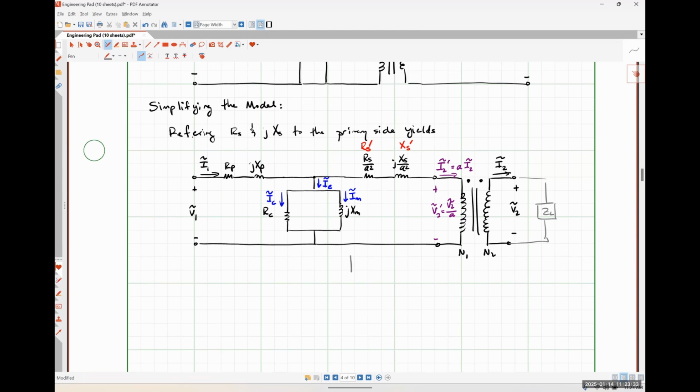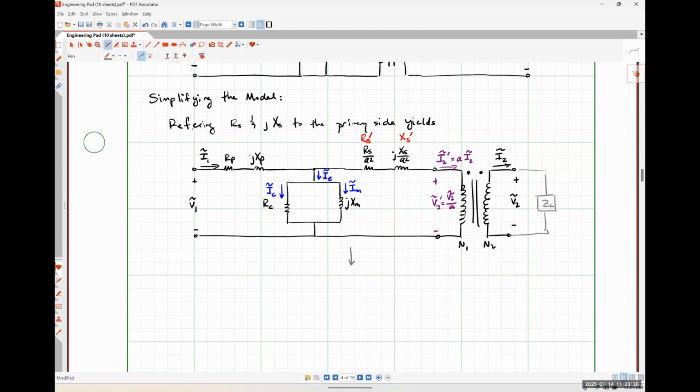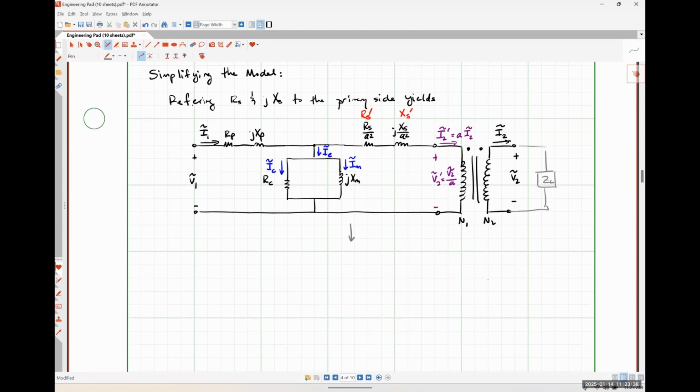Realistically, we would have all of the exact same information with the following circuit.